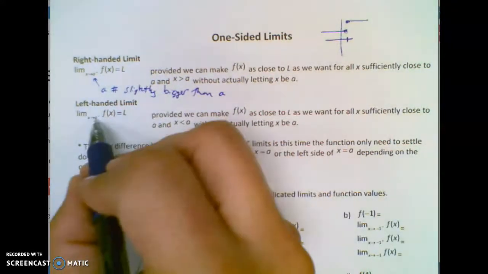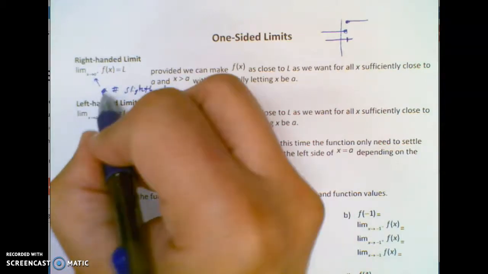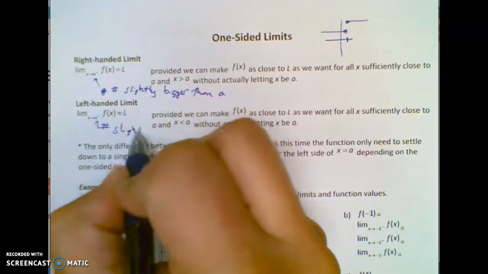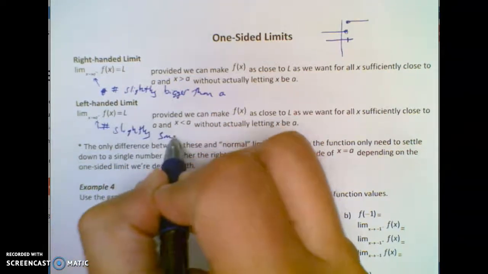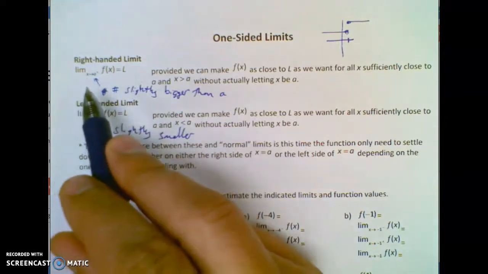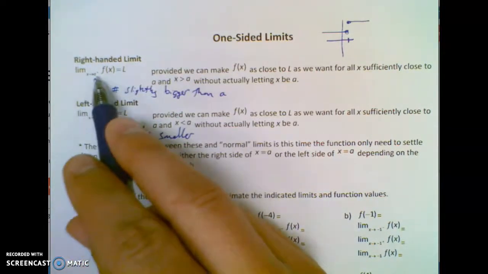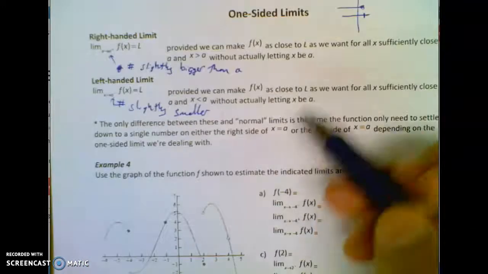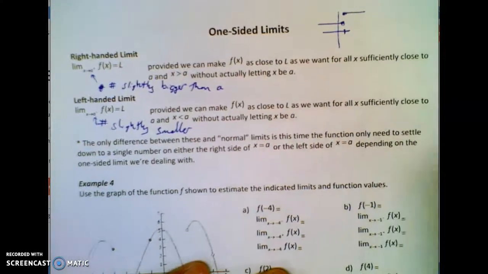And here, when you see a minus sign, you want to think of a number slightly smaller. So if you had a 5 there, you want to think of 5.00000001. If you had a 5 here, you want to think of 4.9999999. So a tiny bit smaller. So you're approaching from the left or you're approaching from the right.